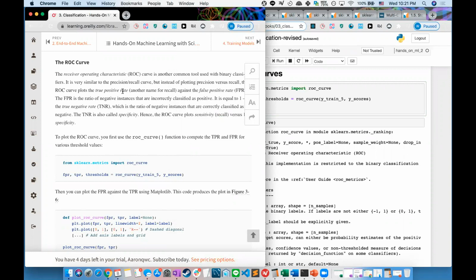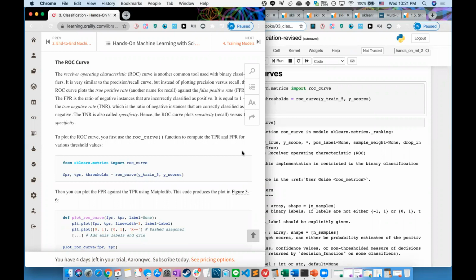It is very similar to the precision recall curve, but instead of plotting precision versus recall, the ROC curve plots the true positive rate against the false positive rate. The FPR, or the false positive rate, is the ratio of negative instances that are incorrectly classified as positive.